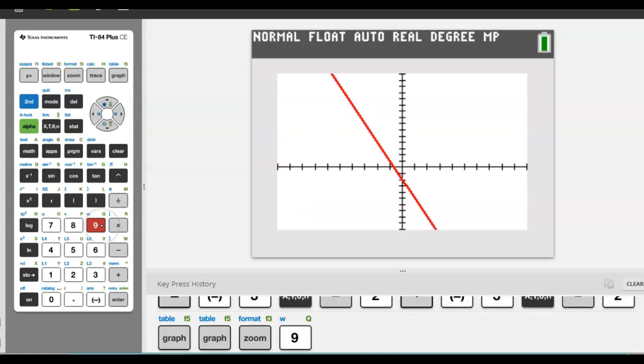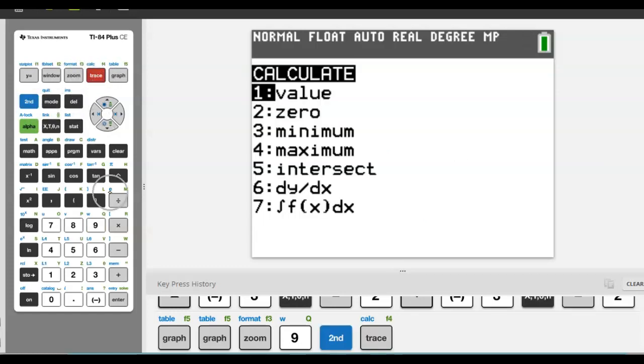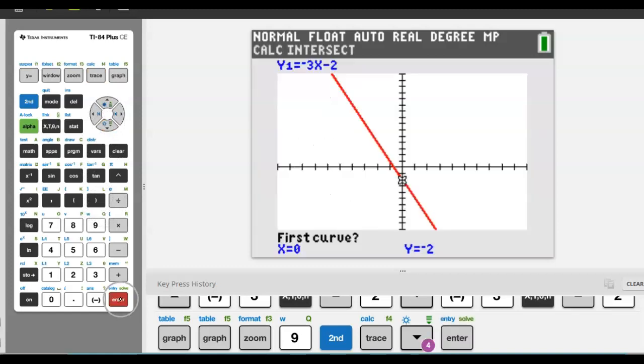The first one and the second one are all going through the same path, the same line. So here we will try to get the intercept. We go to second, trace, option 5, and we enter, and enter, and enter.